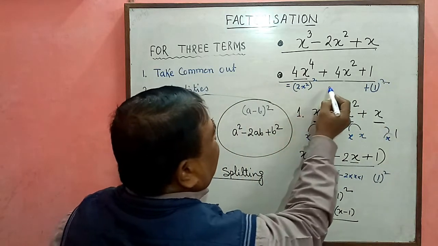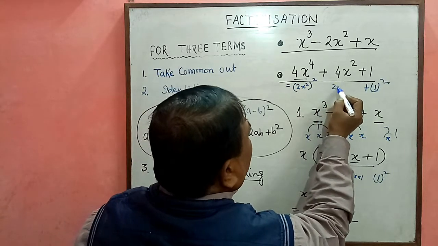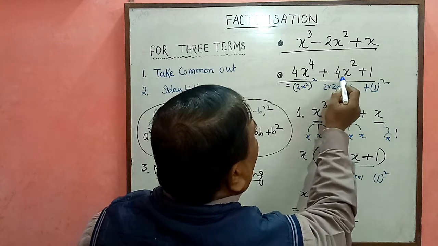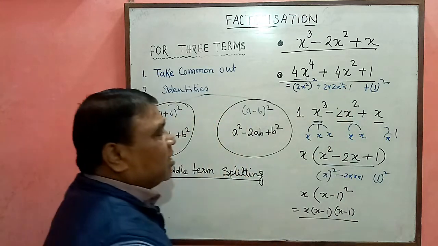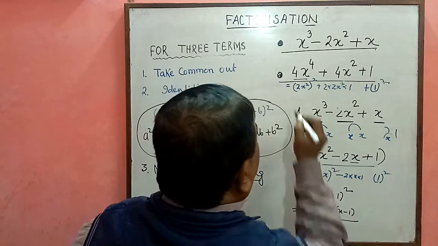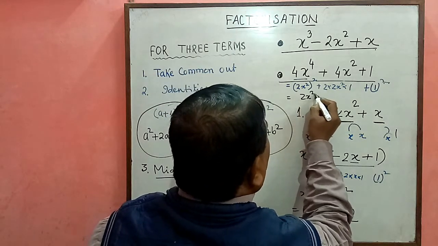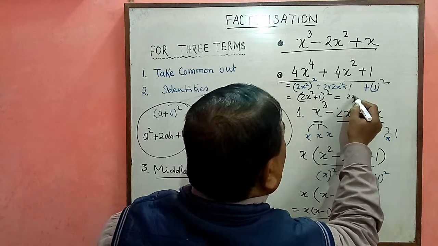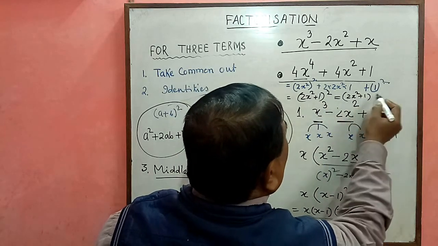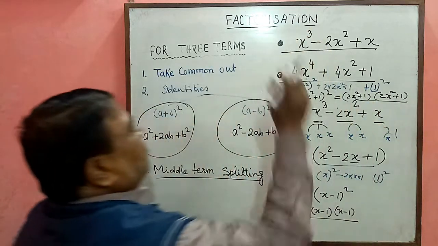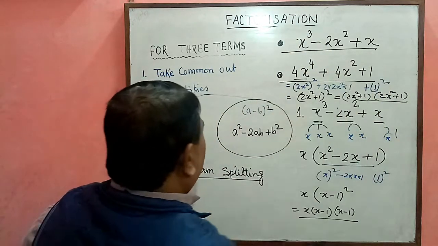If I multiply these two by 2, this gives me 4x square. So this is plus. Obviously, we can directly write (2x square plus 1) whole square. So 2x square plus 1 into 2x square plus 1 are the two factors of this quantity.